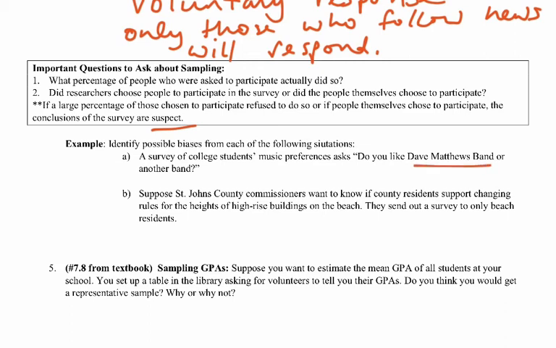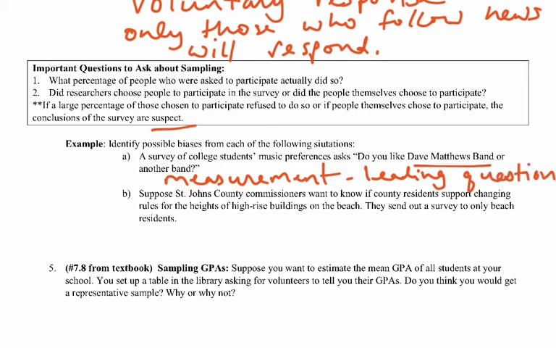You might not have thought of them if I didn't bring it up in the question. So this would produce a measurement bias, because more people might say Dave Matthews Band than would otherwise say it in a normal setting. The reason is that we're using a leading question, so my question is leading the person responding to say Dave Matthews Band.